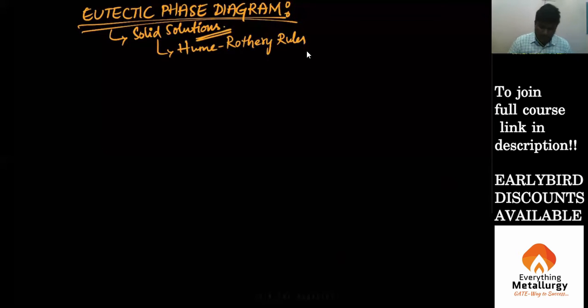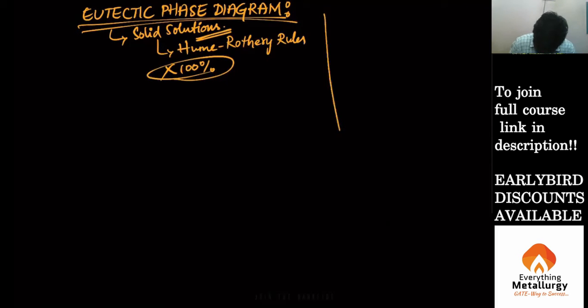In practical cases we don't find 100% solid solubilities. So what if there is no complete solubility, how will the phase diagram change?